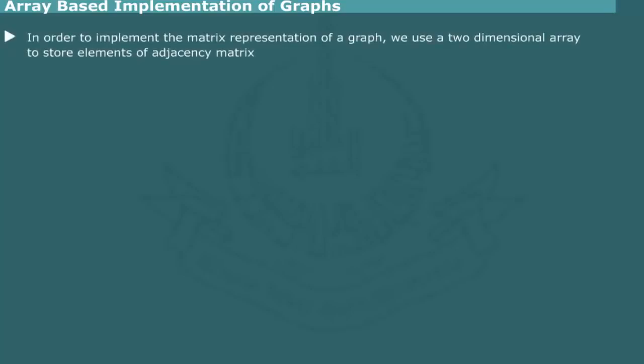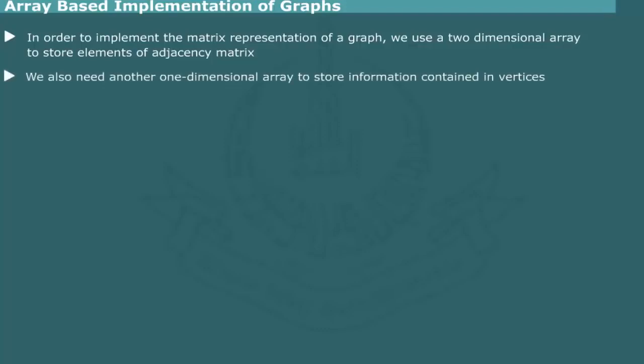Array-based implementation of graph. We have seen that a matrix is analogous to a two-dimensional array. We can therefore use the two-dimensional array to store the elements of an adjacency matrix. We also use a one-dimensional array to store information contained in vertices.